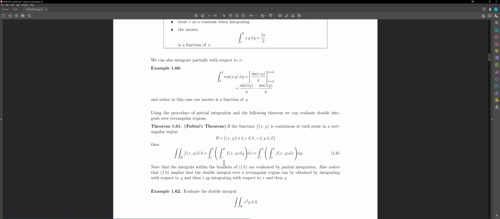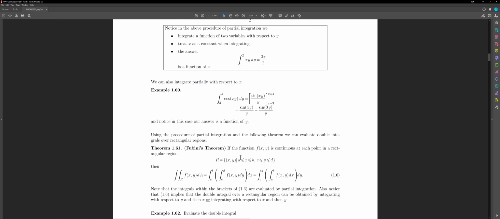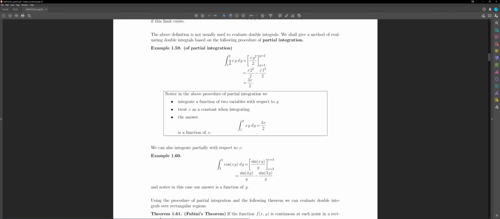When you're doing your double integrals, you're going to be working from the inside out. So you evaluate your inside integral first. This inside integral is an example of using partial integration, which I talked about up here.